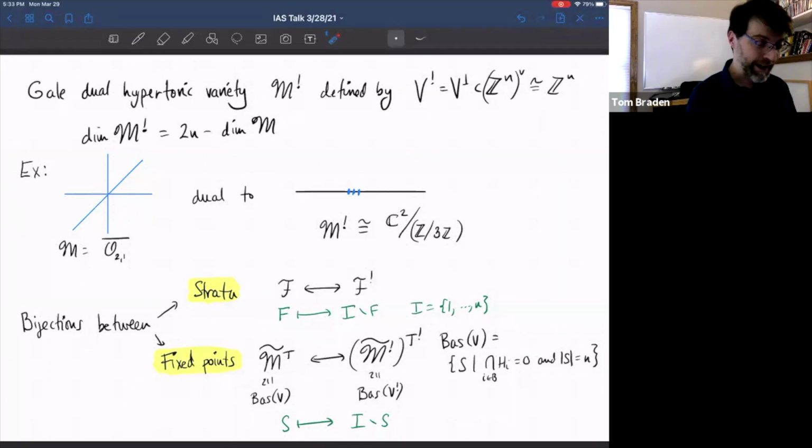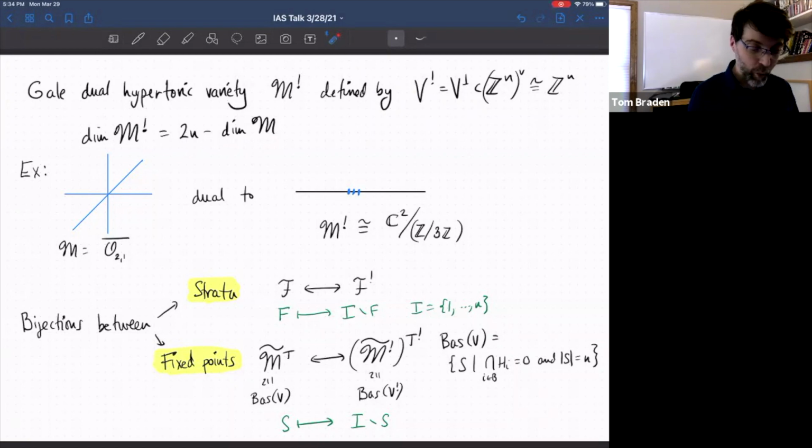And it gives you a variety whose dimension is 2n minus the dimension of the variety you started with. And as an example, if you take the example I gave before, which is the closure of a nilpotent orbit in GL3, what you end up getting is C2 modulo the symplectic action of Z mod 3.